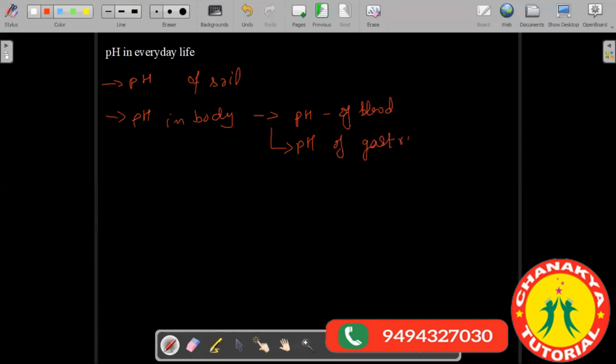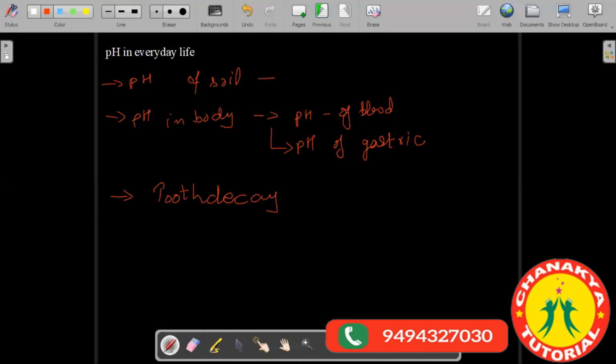Gastric juice is the juice secreted by the gastric glands in the stomach, and it contains hydrochloric acid, pepsin, and mucus. These three substances are contained in the gastric juices. So we'll talk of the pH of the gastric juice. We'll also talk of pH as the cause of tooth decay, and certain other things.